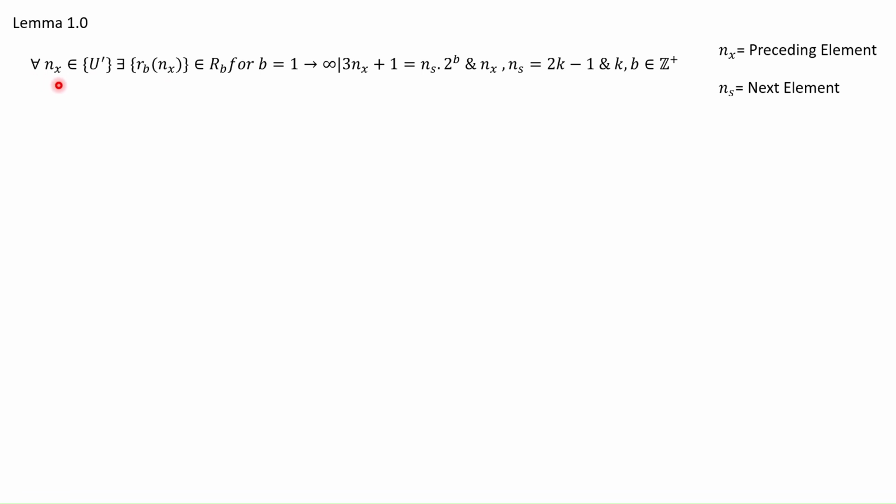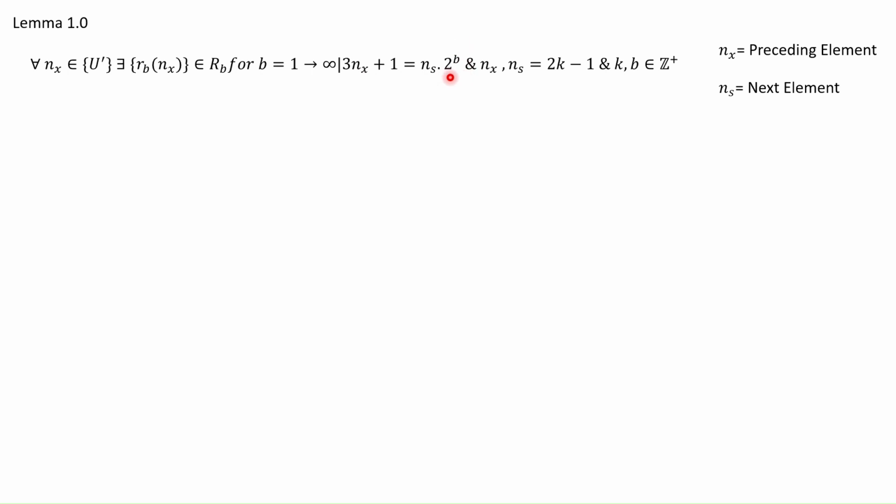Now for all nx that are a subset of u prime, there exists rb for nx, which is a part of rb for b equal to 1 to infinity, such that you have these rules: 3nx plus 1 is equal to ns into 2 to the power b. Here, if you see, we consider nx and ns both to be odd elements because we write 2 to the power b.